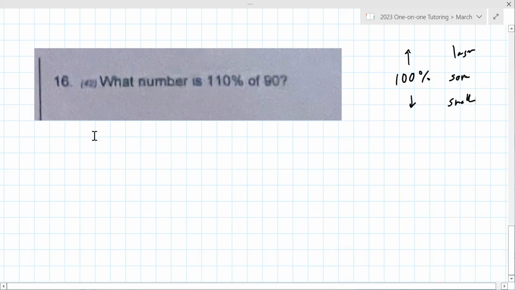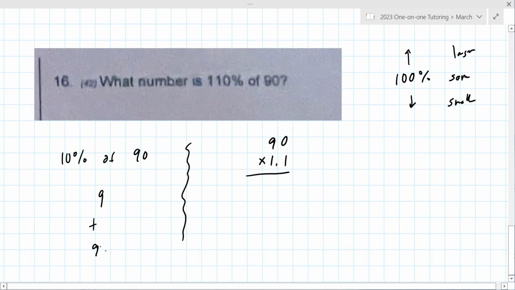All right. So a couple of ways to do this. One is to literally take 90, multiply by 1.1. The other is to figure out what 10% of 90 is, which is 9, and then add that to the original. Both are acceptable.